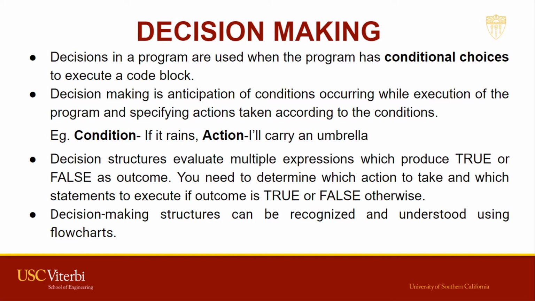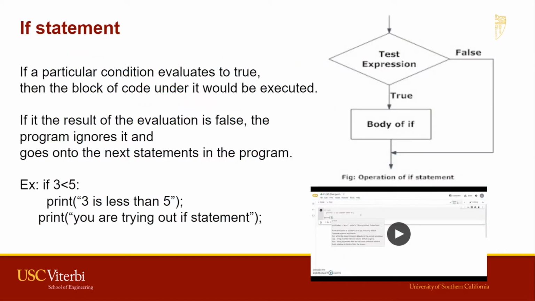Now we learn how decision making can be effectively understood with the help of flowcharts. Here on the right hand side, we see a diagram which is called a flowchart. The diamond box in this flowchart is where our expression or our condition is put.